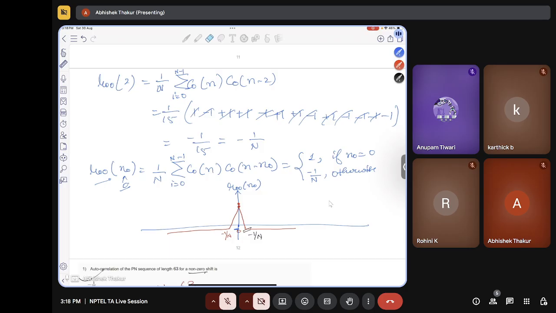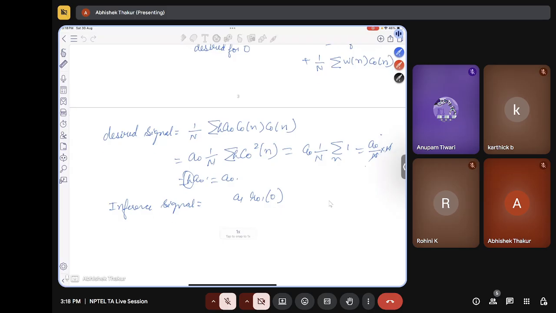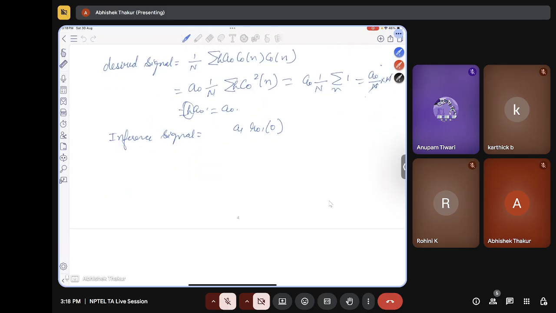So that will be 1 by n here. So this term we will write as 1 by n, R0,1 by n. So it will become, this is our interference signal.